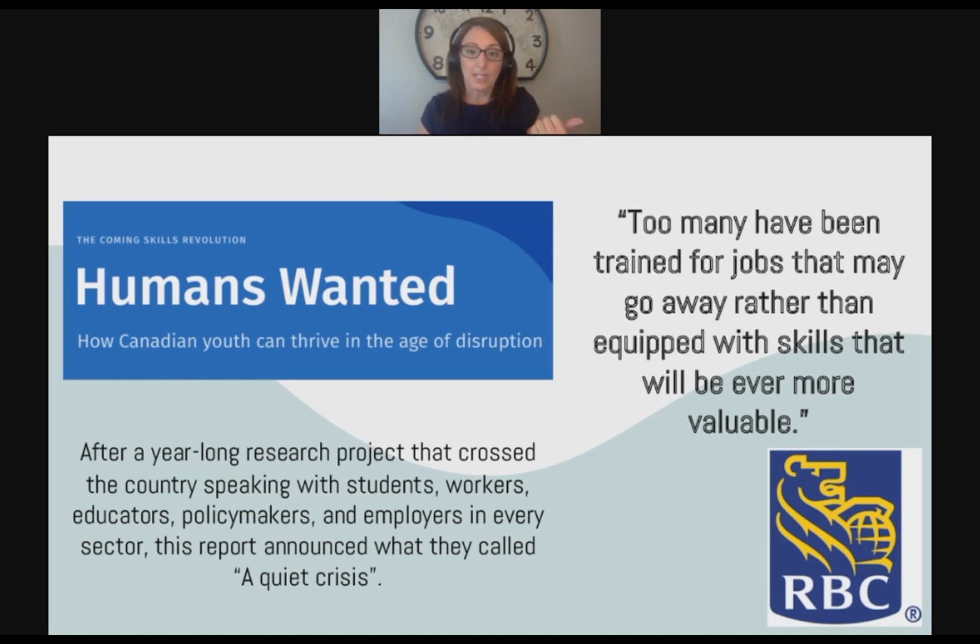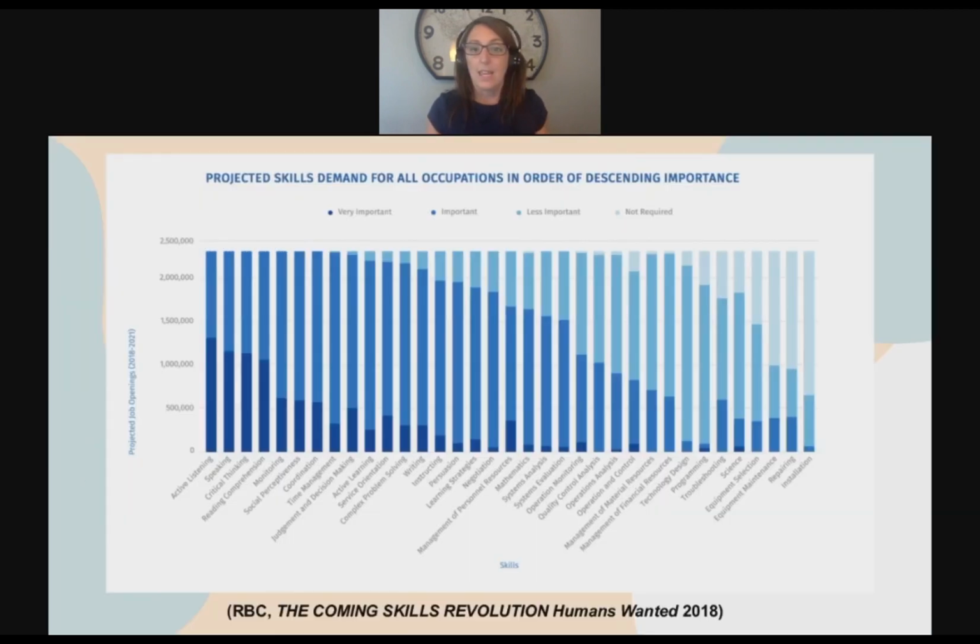It is in the credits here. Unfortunately, we don't have a ton of time to go into all of the details, but that's the gist of it there. Now, what they did was they offered this graph with the projected skills demand for all occupations. Okay, so if we look on the left side of the graph, we see these are the skills that are projected as most in demand for all occupations in the 21st century.